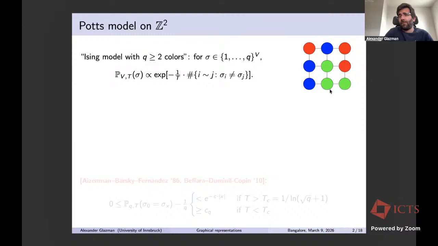For example, here on the right side is a configuration for three colors, and we count all disagreements, here between red and blue, blue and red, etc. Indeed, at q equals 2, this is just the Ising model.